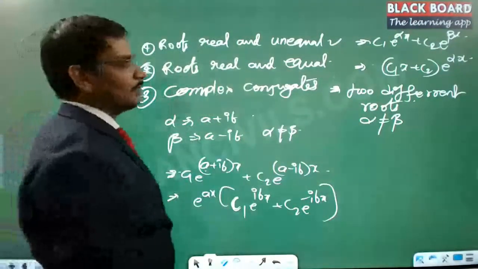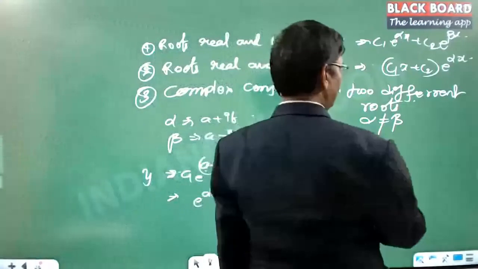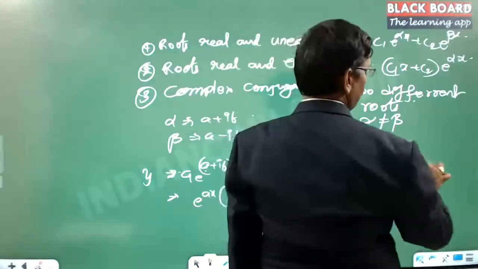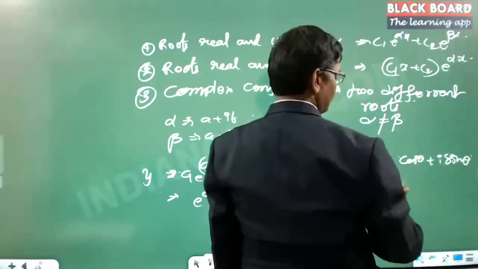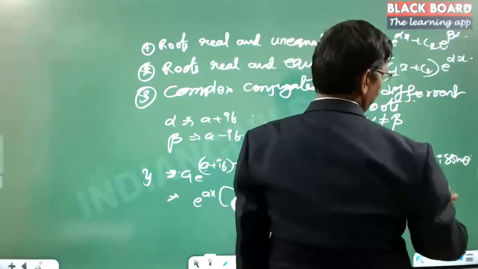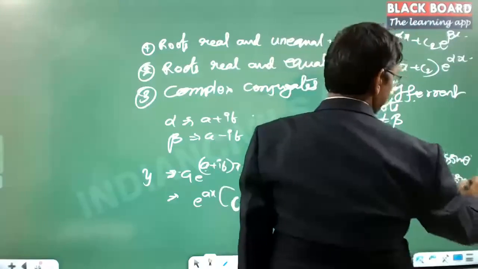Right? And we know from Euler's equation that e power i theta is equal to cos theta plus i sin theta, and e power minus i theta is cos theta minus i sin theta.